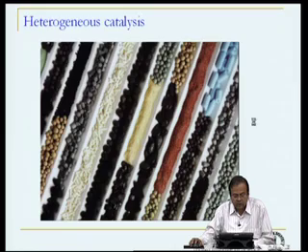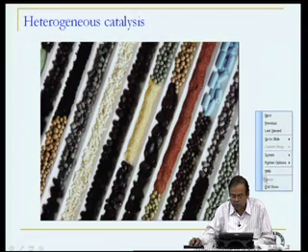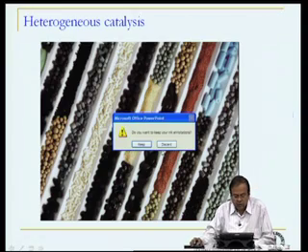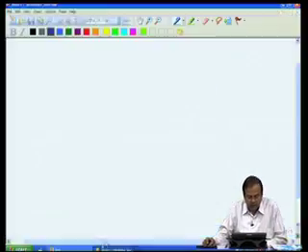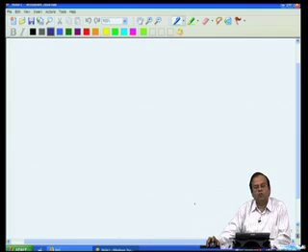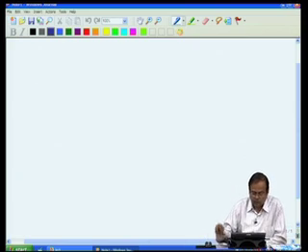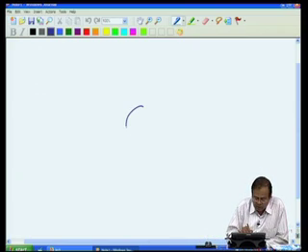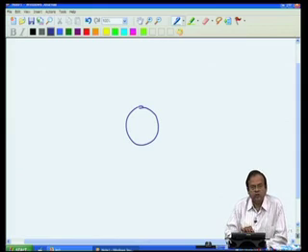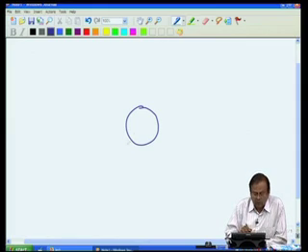So, let us look at what happens when we have the catalyst which is exposed to the gaseous reactants and products. So, once again this is my catalyst, it is a porous catalyst. So, reactions are going to take place inside, but for the time being we will focus only on what is happening outside.